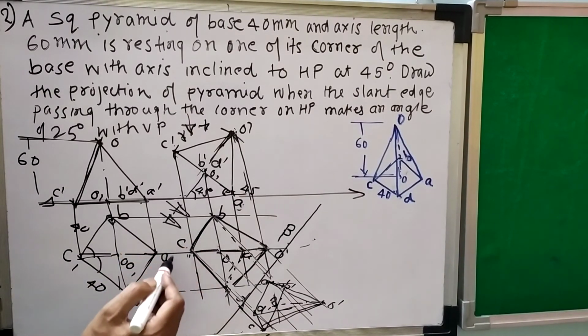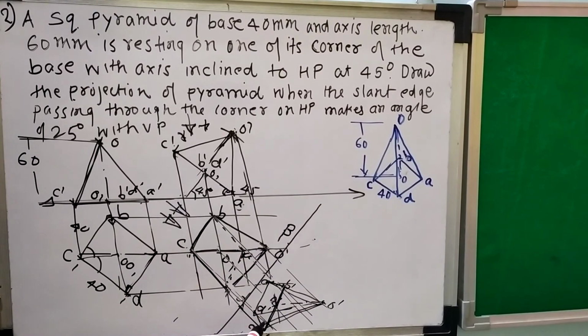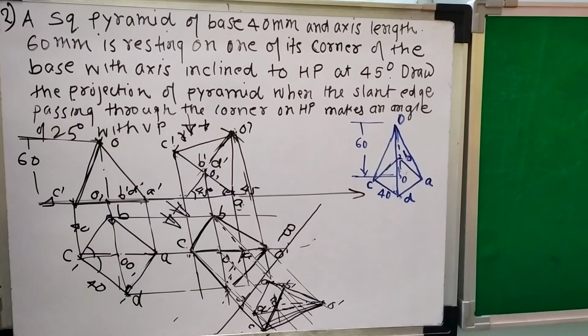So BC will be dark. Then your OB will be dark. What do you think about your OD? OD will be dotted, so this will be dotted and this boundary line will be dark. So in this way you can create this figure. So you can create proper projections and solve the problem. Thank you.